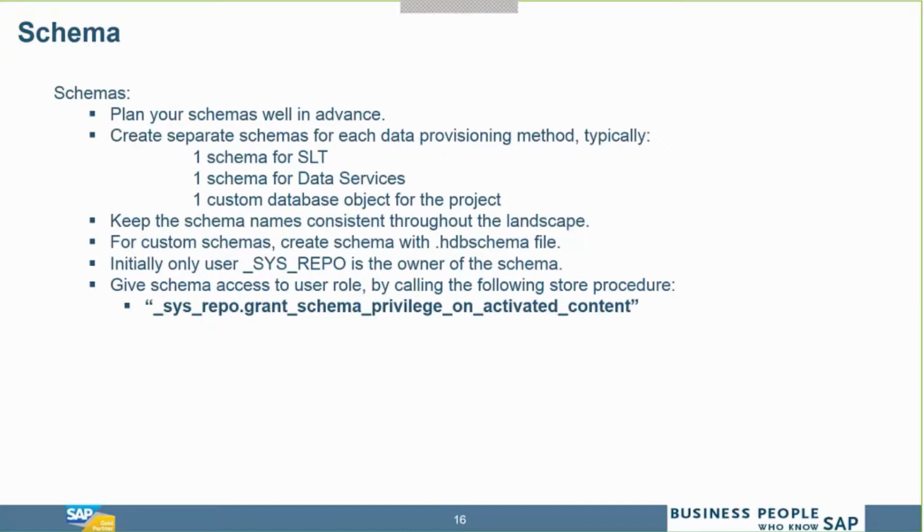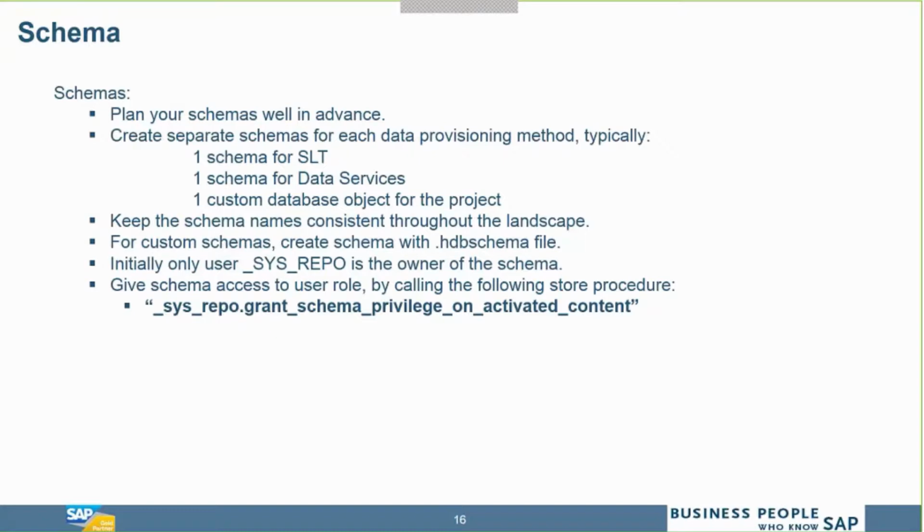The reason being, if you create it with the HDB schema file, you don't have to go to the QA system, open up the system, and rerun your SQL statements. So when this object goes into the HDB schema file, goes into QA, and it gets activated after the transport, the schema automatically gets generated in the target system. So we don't have to open the QA and prod systems every time you are creating a new schema or a table and so on.